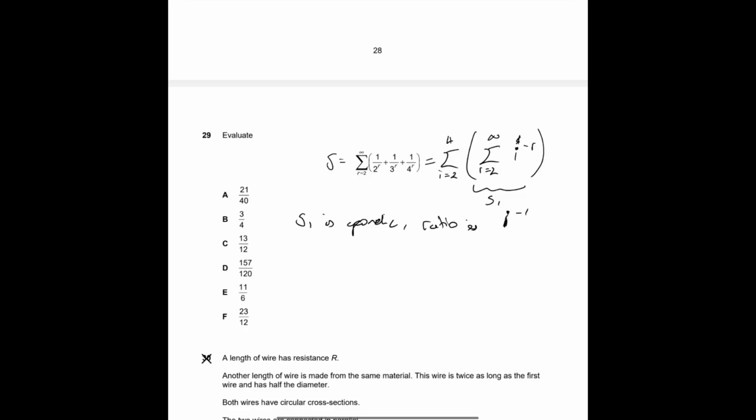And then the first term is, so you plug in 2, you get i to the minus 2.